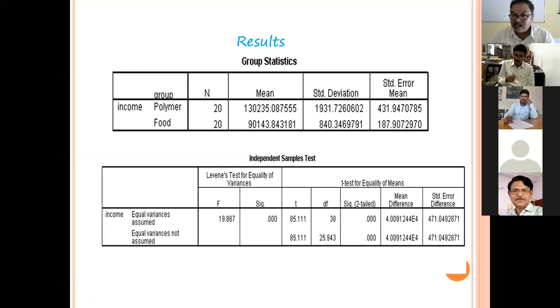Then I have to test whether the variance within the group or between the groups is the same or not. So for a two sample test, conducting a variance test for whether the variances are equal or not is mandatory.